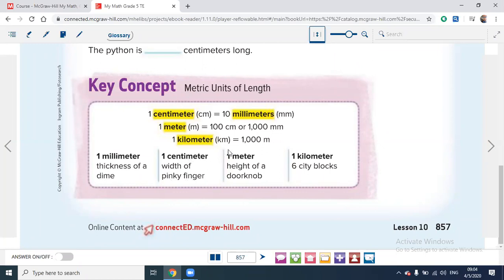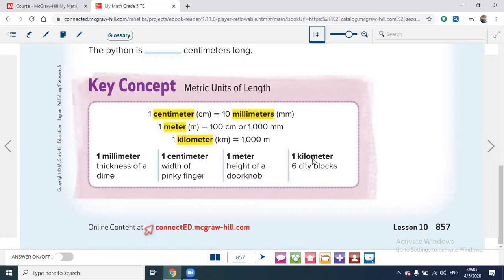Meter, we use it for something long, like your room, the playground of your school, your house, to find the height of your door.